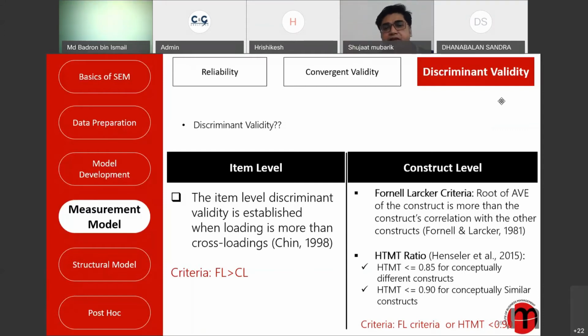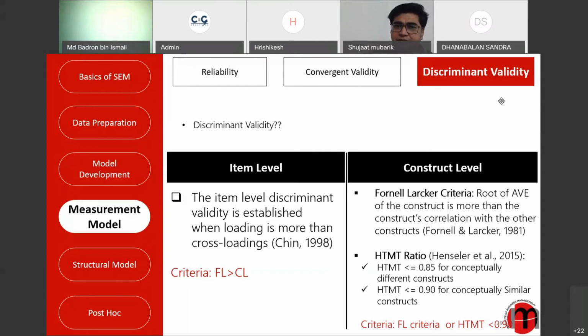Once we take the square root of the AVE, the square root of the AVE is showing the correlation of a construct with its items. How much a construct is related with its items is shown by the square root of the AVE.